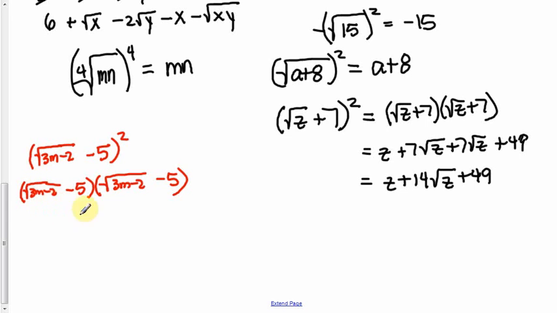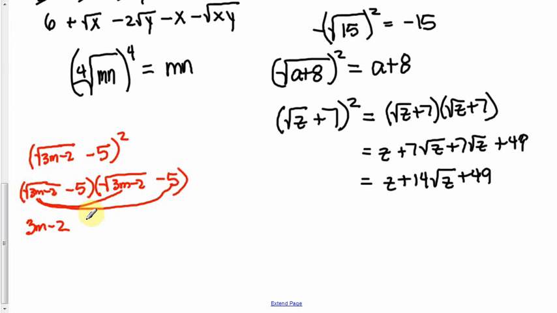So the square root of 3m minus 2 times the square root of 3m minus 2 is just what? The square root of something times itself is always what's under the radical, right? So you should be saying 3m minus 2. That's your first. Then your outer.